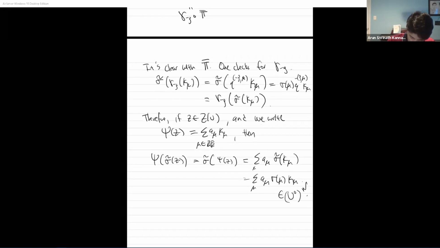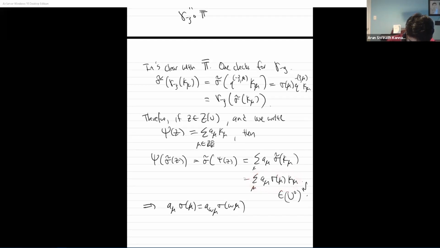So what you get here now is that if you compare coefficients, A mu sigma mu is equal to A W mu sigma W mu. So this is from W invariance of this thing.